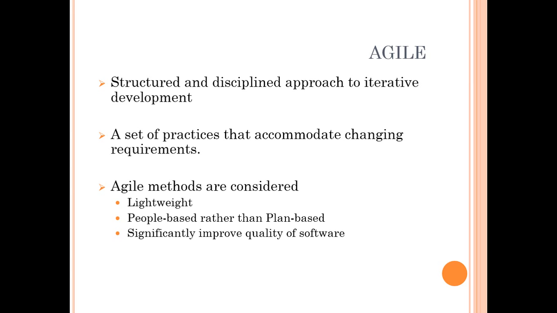Then agile methods are considered lightweight, people-based rather than plan-based. Exactly, they significantly improve the quality of software. Now, we carry out product development in a 1 week to 4 week cycle. The maximum time limit allowed in agile is 4 weeks, so month long.